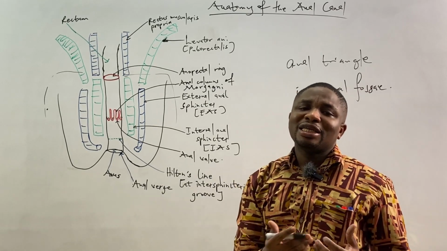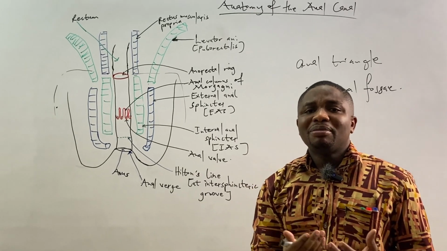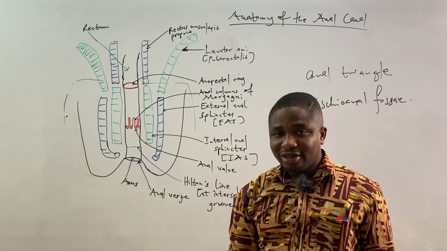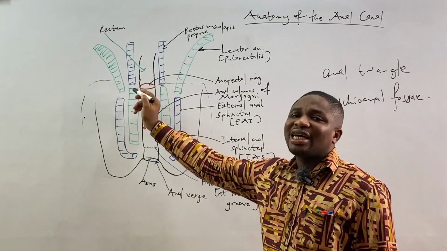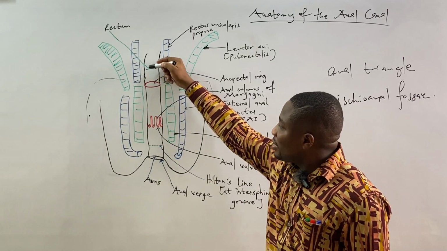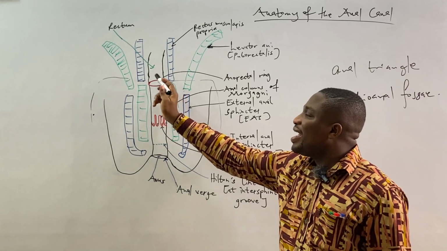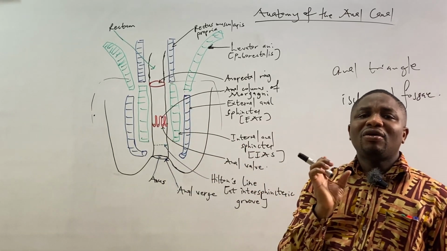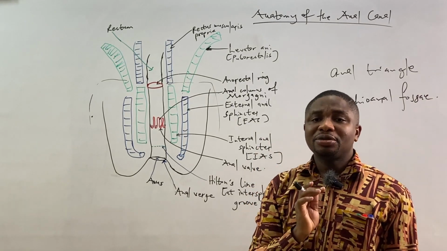Once we say that it's a muscular ring, we should ask ourselves which muscles contribute to the ring. The muscular ring, known as the anorectal ring, is at the junction of the rectum and the anal canal. It is made by the confluence or fusion of three muscles. Which muscles?